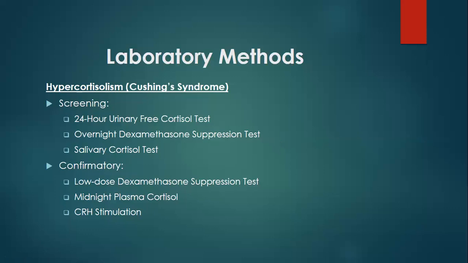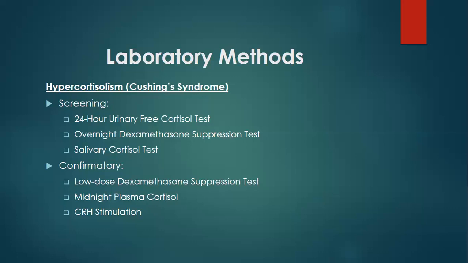So a positive result would be a cortisol level not suppressed, or a cortisol level of more than 5 micrograms per dL and a 17-hydroxycorticosteroid level of more than 4 milligrams per gram creatinine.